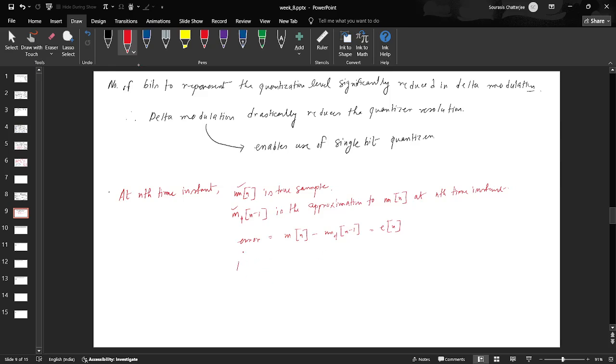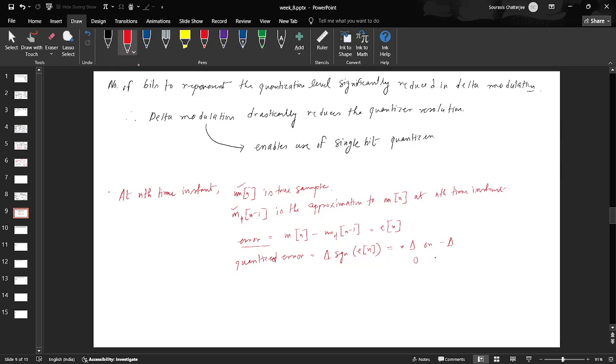By the way, this is the error only, not the quantization error. Now what is the quantized error? Since we are talking about a single bit quantizer, this is a sign function which takes value delta or minus delta.